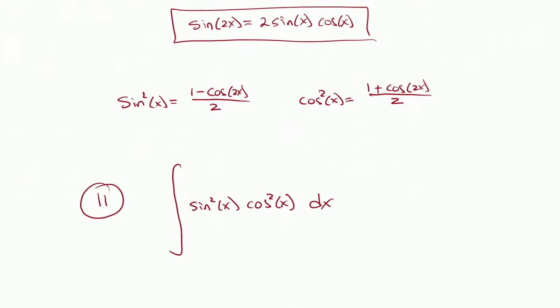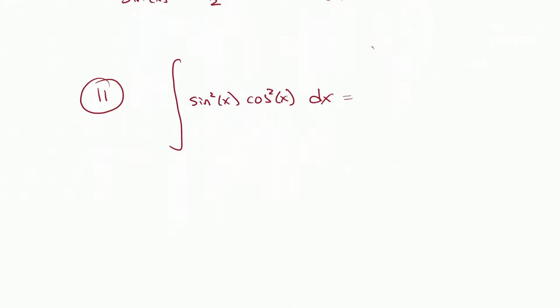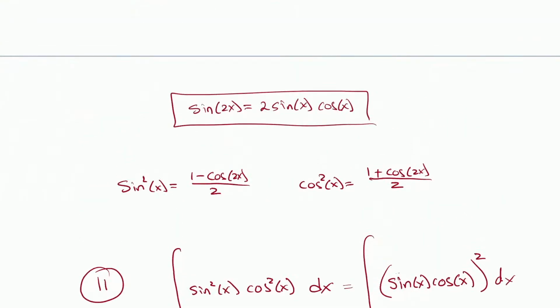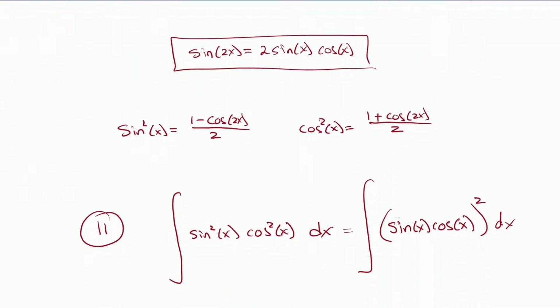So you'll notice sine of 2x is 2 sine x cosine x. And so what I'm going to need to do is rewrite this. And here's how I'm going to do it. I'm going to write this like this. I'll do it in stages. Sine of x, cosine of x, quantity squared. So hopefully that doesn't bother you. Now I'm going to employ that double angle formula for sine. It's not exactly correct. Notice that I have 2 sine x cosine x up there, and down here it's just sine x cosine x, but that's easily corrected.